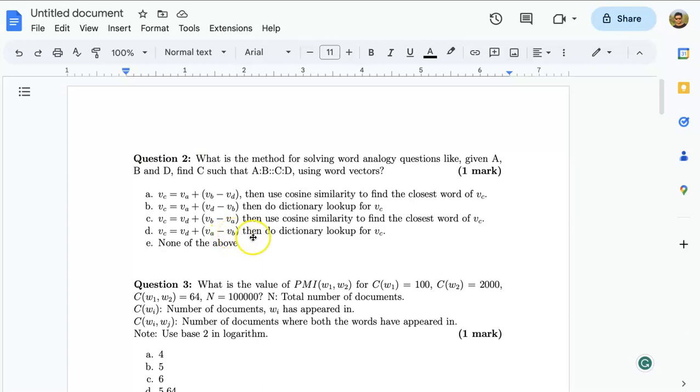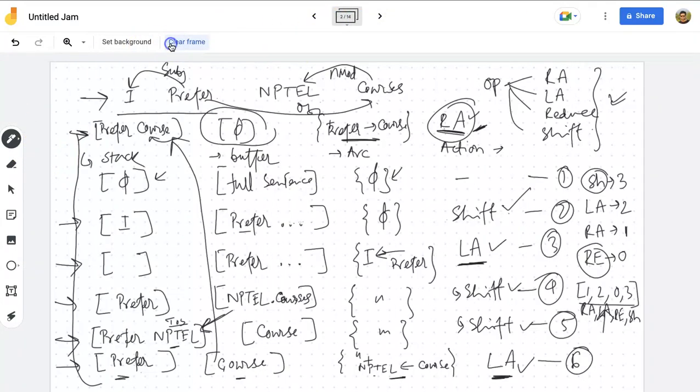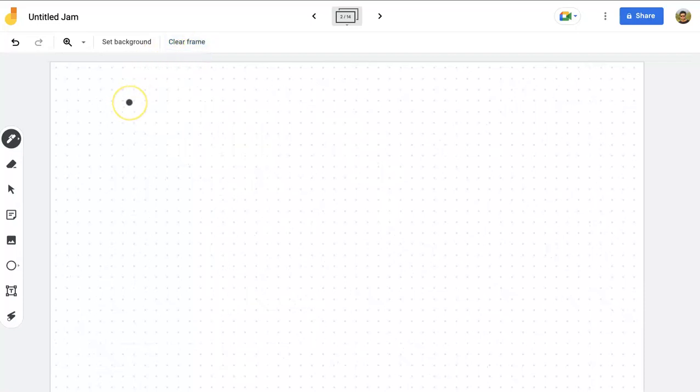Till that it is fine, but they are saying then do a dictionary lookup for VC, but this is not correct. In the dictionary it is possible that VC does not correspond to any legal embedding. So I get VC from this formula.